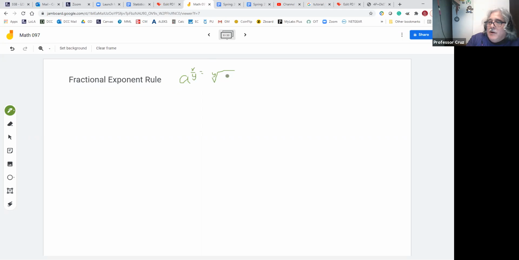The a is the base, and the x is the power. It can also be written like this, whichever one is more useful, but they both mean the same thing.